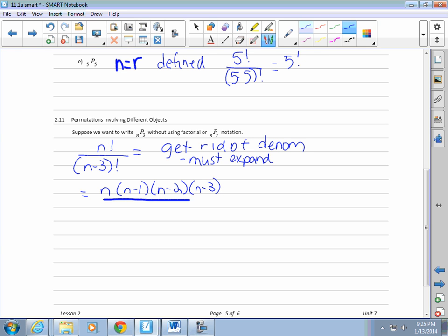On the bottom, if I leave this as n minus 3 factorial, I could keep going past that, n minus 4, n minus 5, and so on, which is the same as the top.